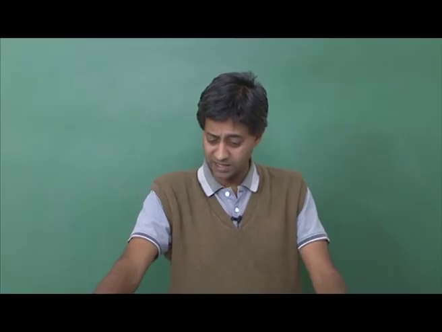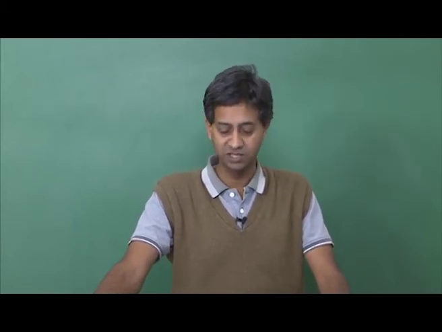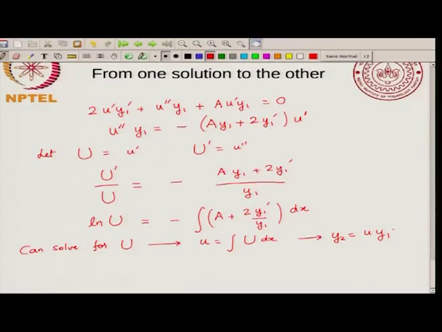And the second solution being linearly independent, you can write a general solution as a linear combination of y1 and y2. So all you have to do for a second order homogeneous differential equation is to find one solution, and then you can find the general solution.